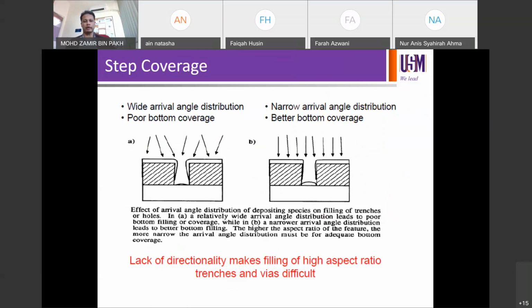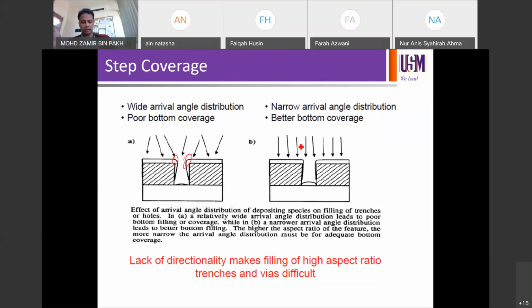If you have a wide arrival, some atoms may end up on the shoulder of the features, and that's it. It's going to block. It creates a shadowing effect for the upcoming arriving atoms, because they are blocked from filling the trench, right? So if you have narrow arrival, it's going to be better on the bottom coverage.